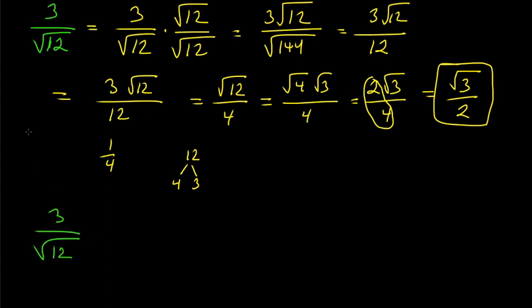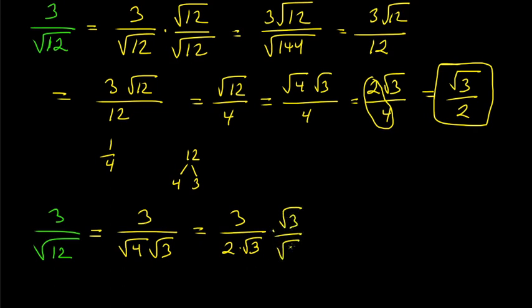So another way to have gone about this that might be a little bit quicker, so here's the original problem, 3 over the square root of 12, is to recognize, oh, hey, I can simplify the square root of 12, right? It's just the square root of 4 times the square root of 3. And the square root of 4 is 2, so this is just 2 times the square root of 3. Right? And now we can notice that the problem is the denominator has the square root of 3 in it. So if I just multiply top and bottom by square root of 3, I get 3 square root of 3 in the numerator and 2 times the square root of 9 in the denominator.